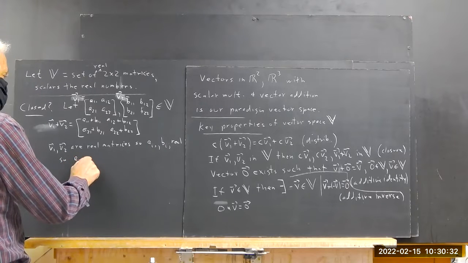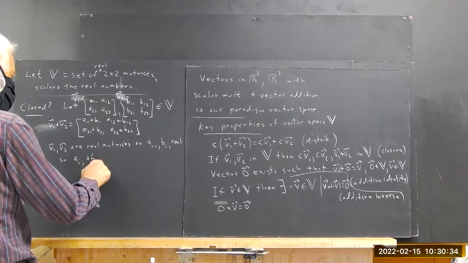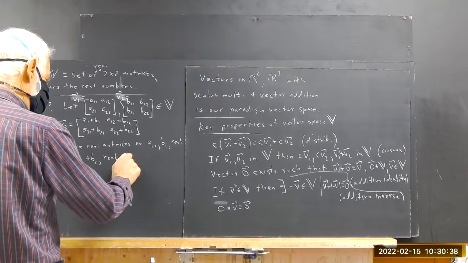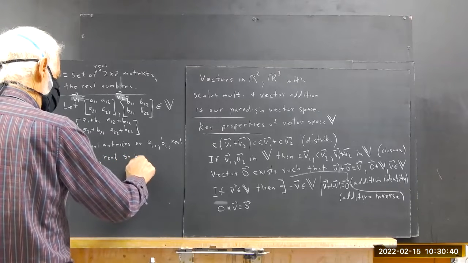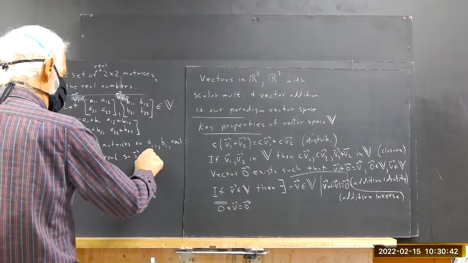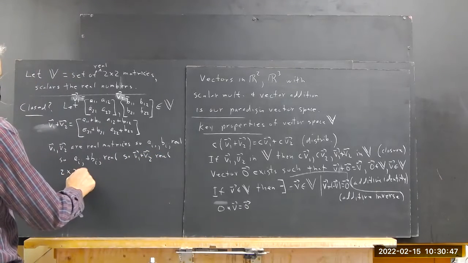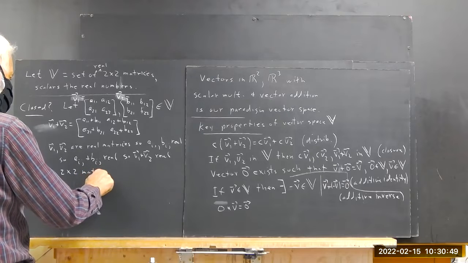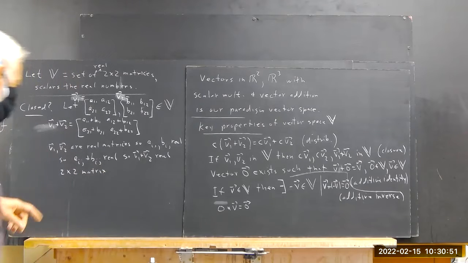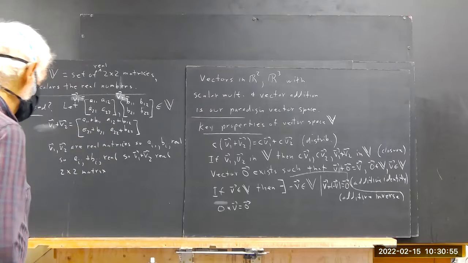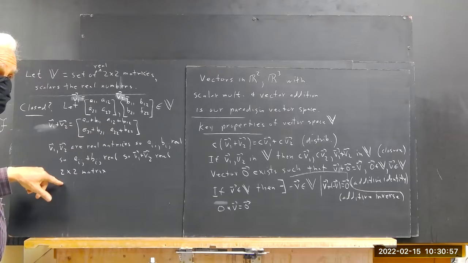Now we're actually going to write that out. These are real, so V1 plus V2 is a real matrix. Real, and it's 2 by 2.